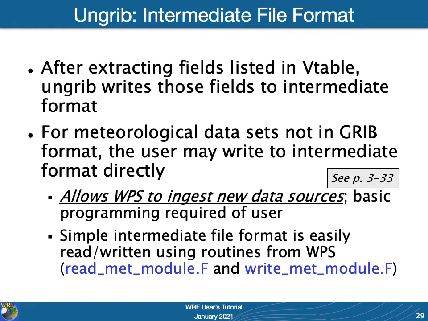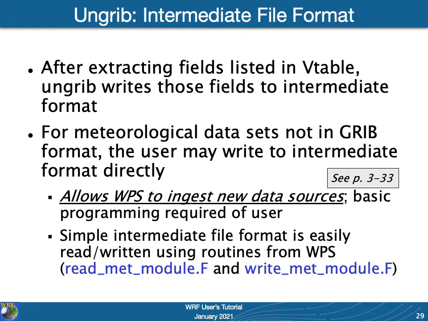So if you wanted to use a source of meteorological data that wasn't provided in Grib format, that is possible, but you'll need to circumvent the Ungrib program. Essentially, you'll need to take your non-Grib data and write it to this intermediate file format. Chapter 3 of the ARW User's Guide provides more information on this intermediate file format.